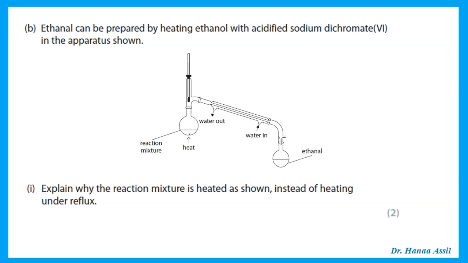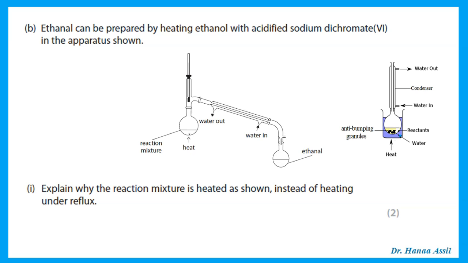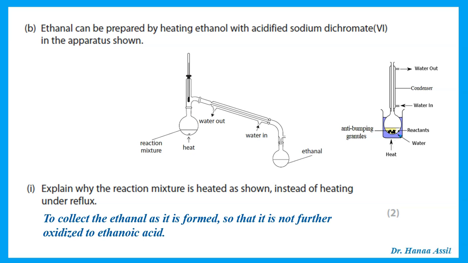Remember, when we're trying to oxidize ethanol using acidified sodium dichromate, we can either oxidize it to form ethanal, the aldehyde, and that is if I distill it off immediately using this apparatus as it is being formed, or I could continue to heat it for a long time, using this apparatus which we call heating under reflux, but this will continue to oxidize it all the way to ethanoic acid. So why are we using the simple distillation apparatus?